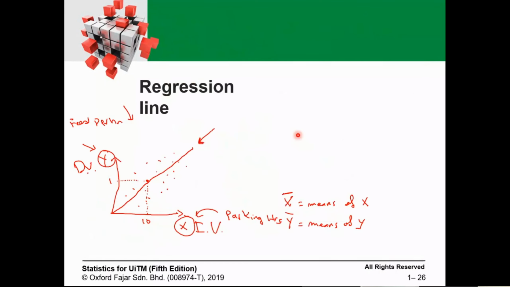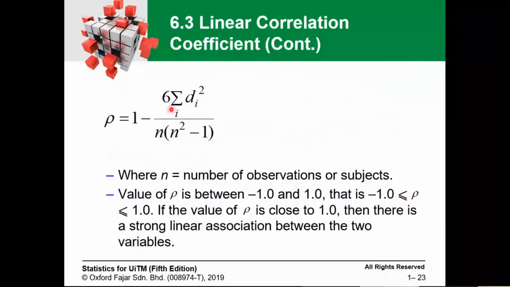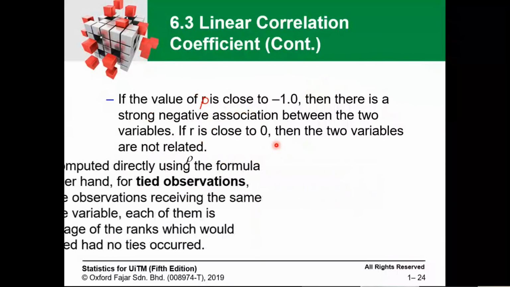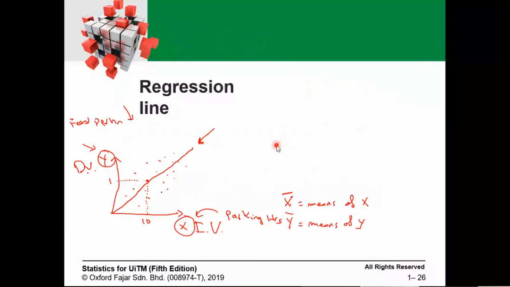If you remember in the previous things, we calculated the relation. We calculated the Spearman and the Pearson. Here we calculated whether there is a relation or not, and whether this relation is positive or negative.